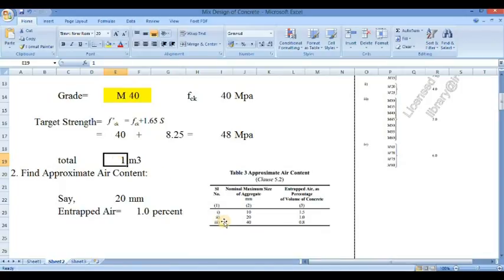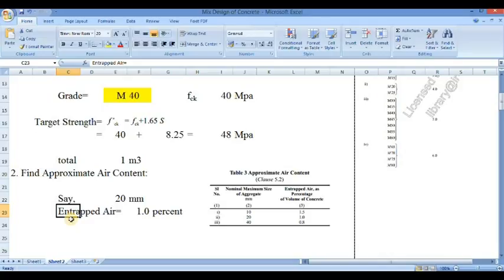Based on different experiments and literature, our Indian standard IS 10262 suggests that if you use coarse aggregate of maximum size 20 mm, you know this. In that case, the entrapped air, if you have already visited my other videos, you already understand what entrapped air is and what entrained air is. Entrapped air is not desired for concrete. It makes the concrete porous.